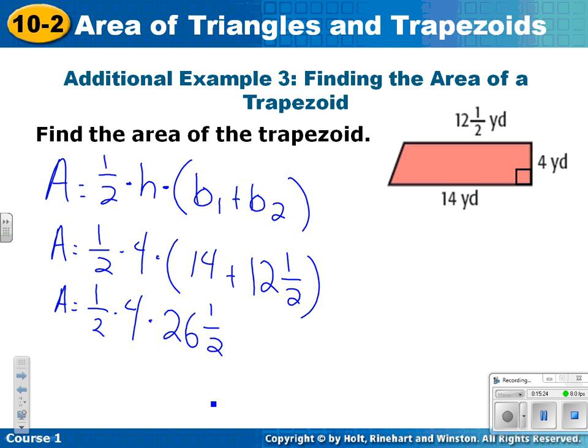And then we can multiply that together because it's all multiplication. So it's 1/2 times 4, same as dividing by 2, right? So 4 divided by 2 is, no, 2. 1/2 times 4 is 2 times 26.5.